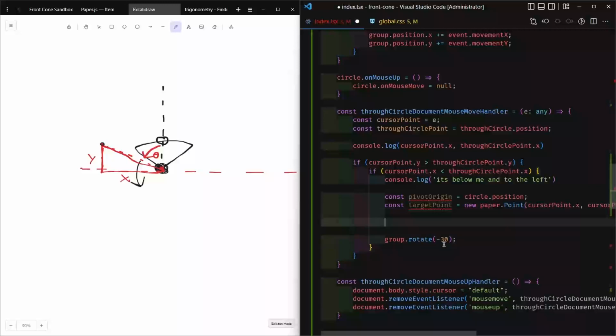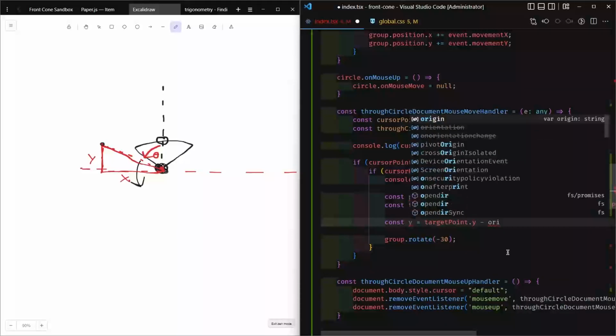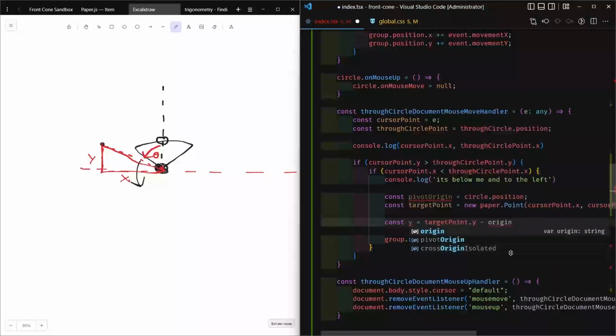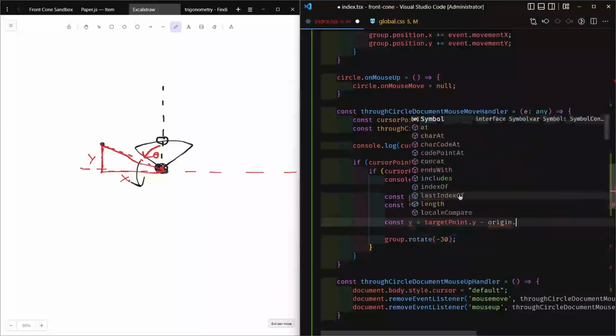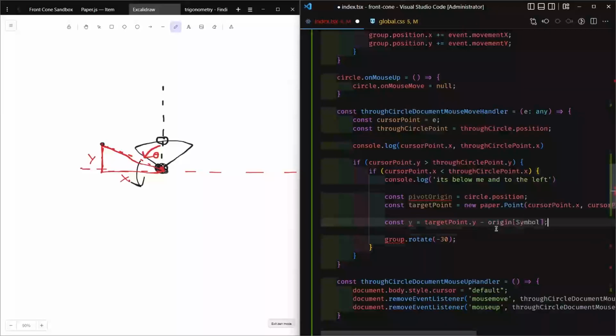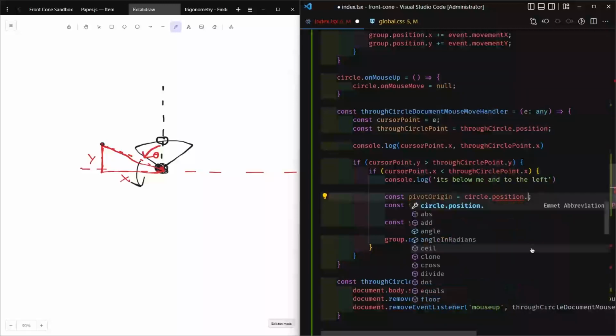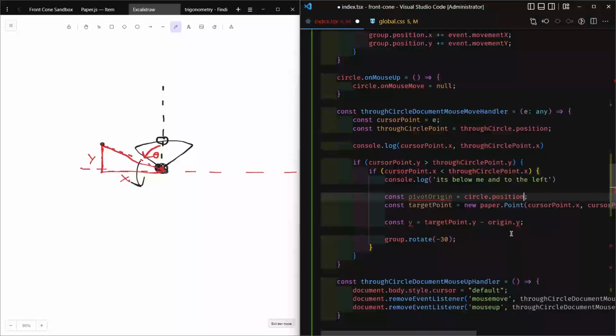So y equals target point dot y minus pivot origin dot y.